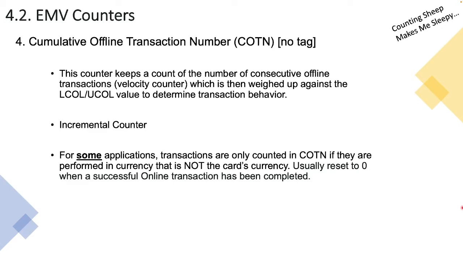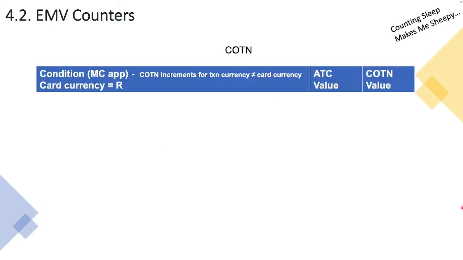So we are basically using COTN to count the number of consecutive offline, non-domestic or international transactions. This count is usually reset to 0 when a successful online transaction has been completed.